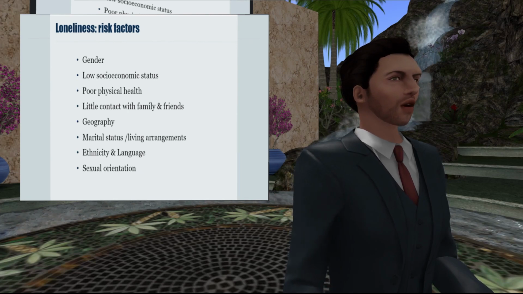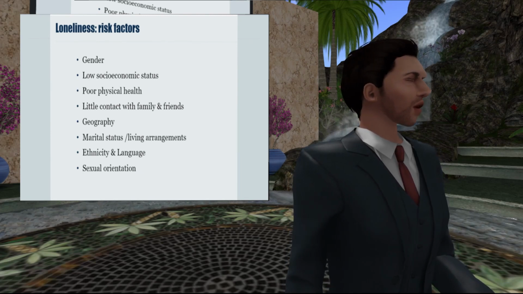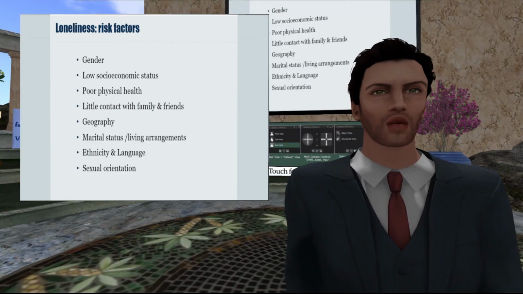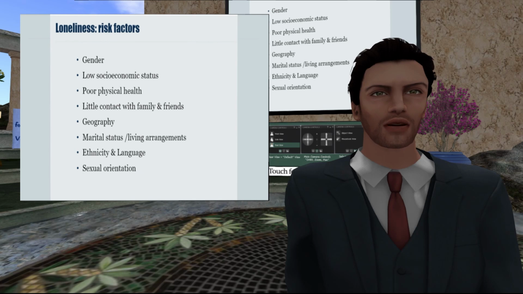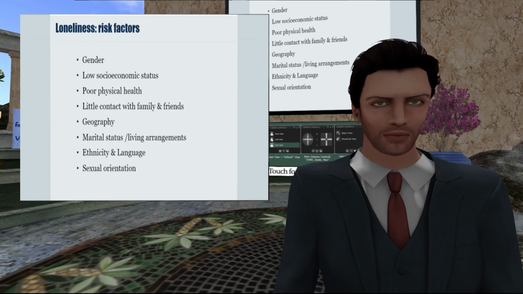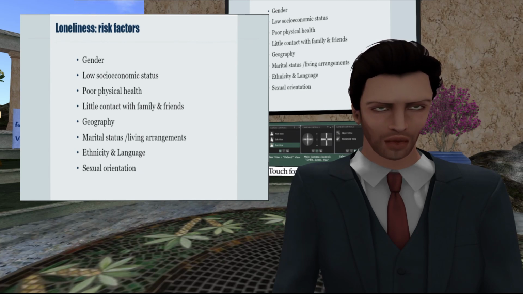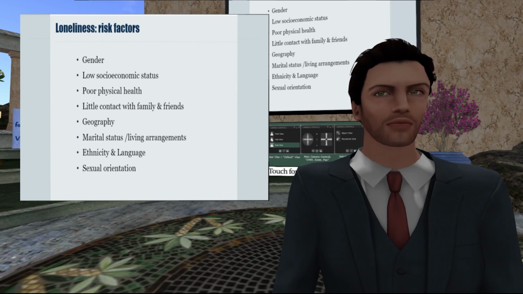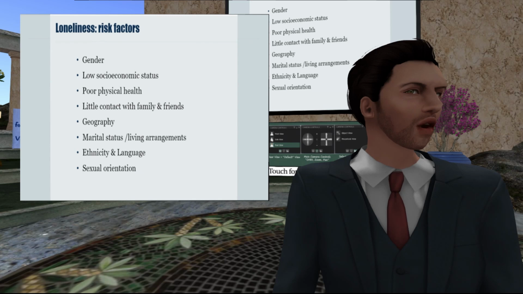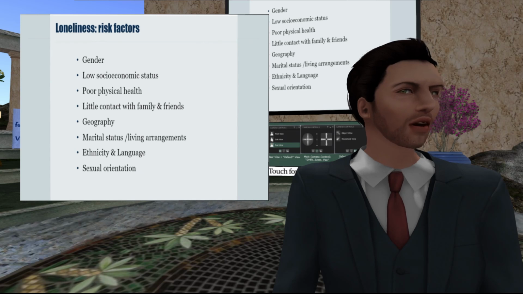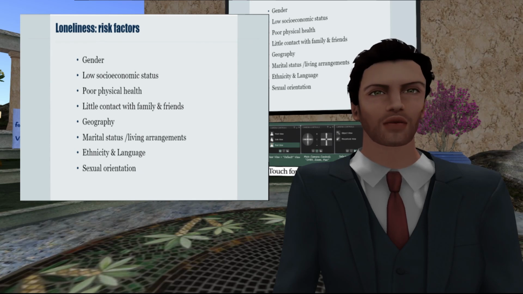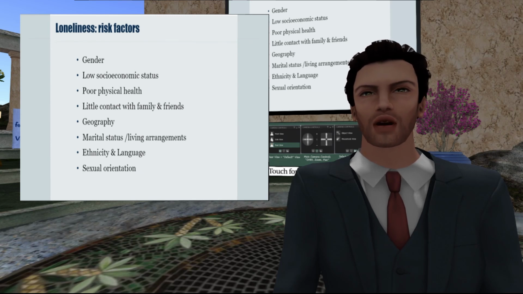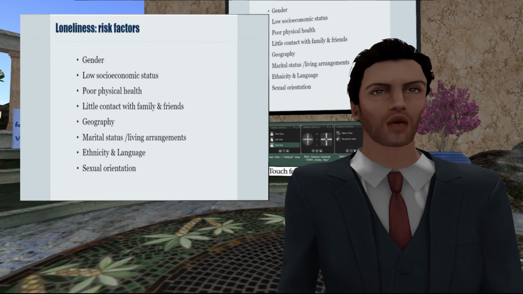Ethnicity and language: again, if I do not speak the language of the country, and if I have, for example, dementia, I will start forgetting everything I learned, and I will stay with my natural language, my mother language, so people might not understand. And obviously, sexual orientation. We know homosexual and trans people have a higher risk of feeling lonely.